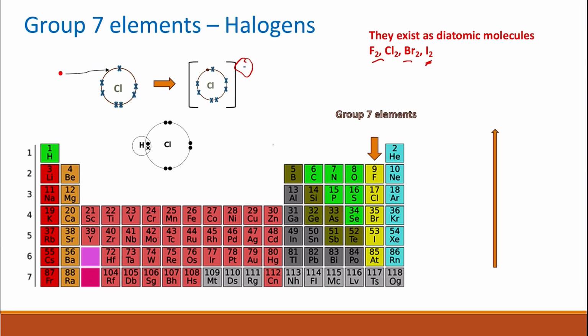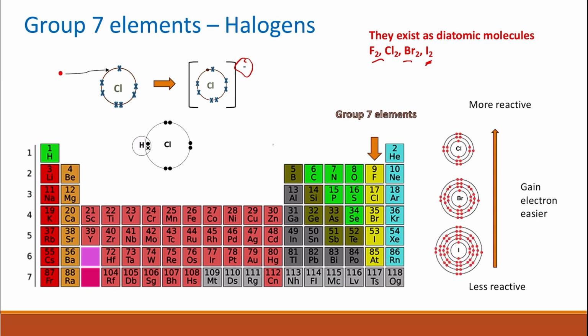As we go down the periodic table looking at the reactivity trend, as we go down, the reactivity will decrease. The reason behind that is because the size of the atom will increase, and as the size increases, the outer shell electrons become further away from the positively charged nucleus, so they will be less attracted to the positively charged nucleus, so they can gain electrons less easily as you go down because the size becomes bigger.